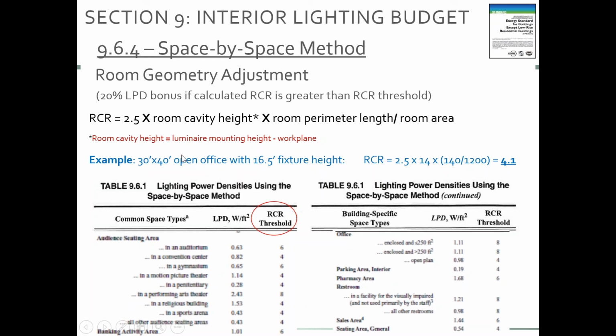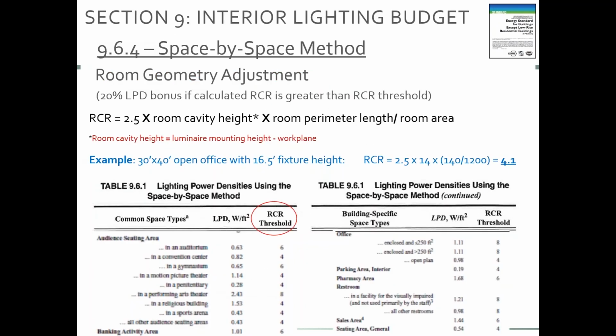If you can show, based on the geometry of your space, that you're greater than 4 on this room cavity ratio calculation, you plug in the height of the fixture minus the work surface, that's the room cavity height, and then times the ratio of the perimeter of the room times the area of the room. If that number is higher than the threshold, you get 20% bonus. So it's a lot of work, but for places that have high ceilings, you get a little extra wattage for those spaces.